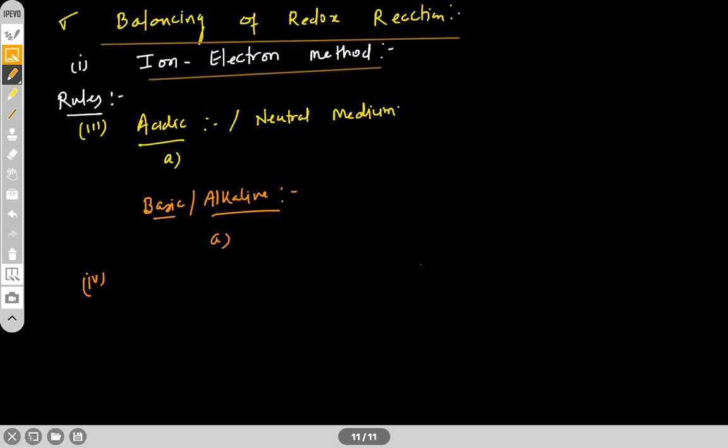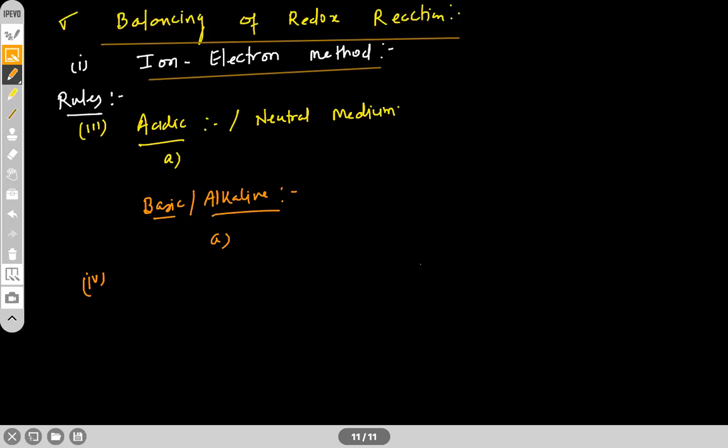Fourth point I'm repeating again, and then the fifth point again. Fourth one is balance the charge by adding suitable number of electrons on one side. This was the fourth point.